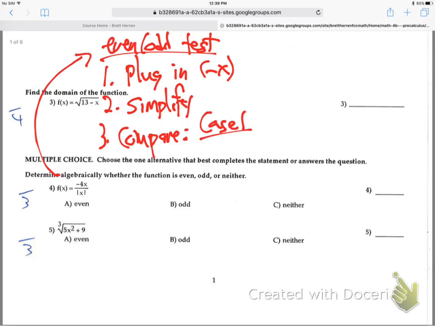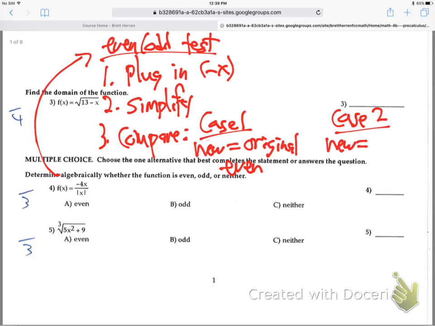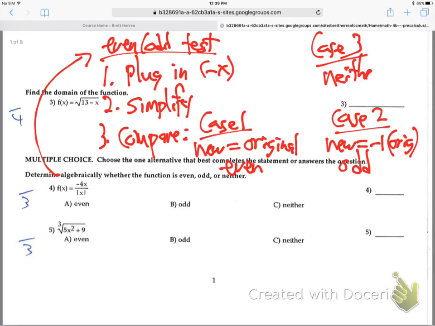Case 1, if the new equals the original, then that's even. Case 2, if the new equals negative 1 times the original, that's odd. And case 3 is neither. If it doesn't fit case 1 or case 2, then it's neither even nor odd. So that was the test I gave for evenness and oddness.